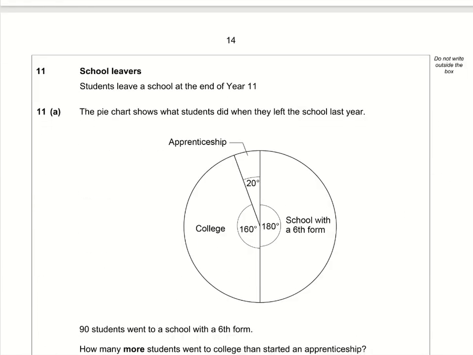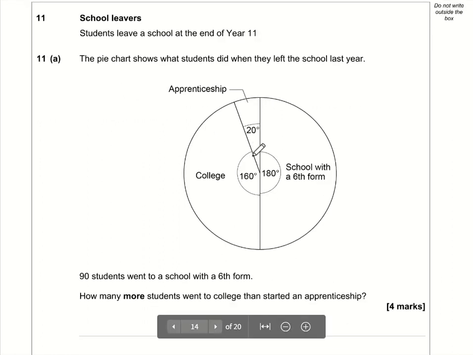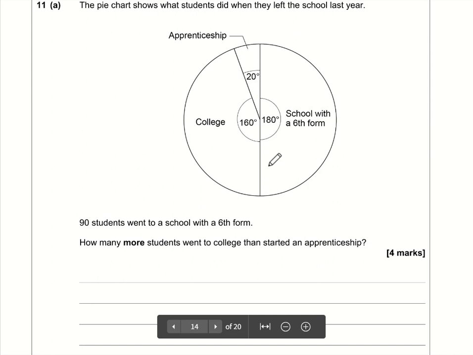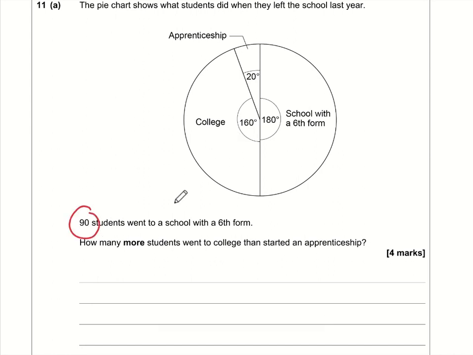On to question 11, school leavers. So the pie chart shows what students did when they left the school year. Now the key thing is we have got the measurements of the angles, so 20, 160, 180, but the key thing really is the fact that 90 students went to a sixth form. So therefore what we can say is that 180 degrees represents 90 students.